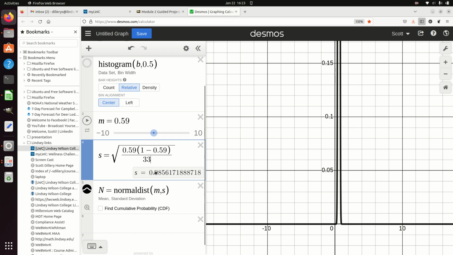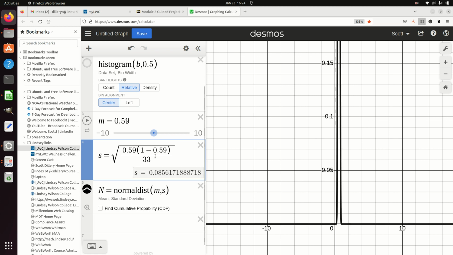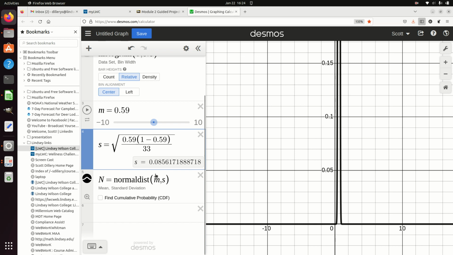I use an S here because it's just easier, but you can use a sigma. If you start typing out the word sigma, S-I-G-M-A, oh, it didn't do it. So I lied. I thought it would do a sigma. It does some other Greek letters, but okay, so we have that.